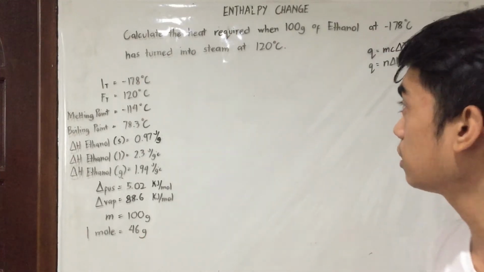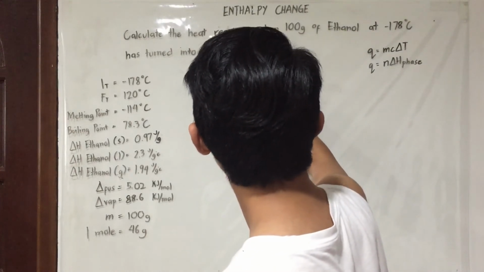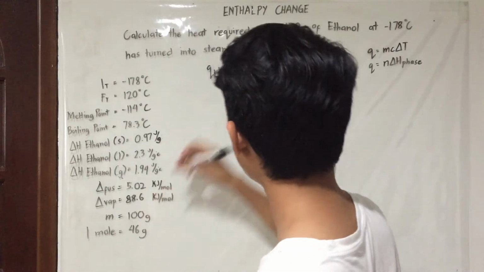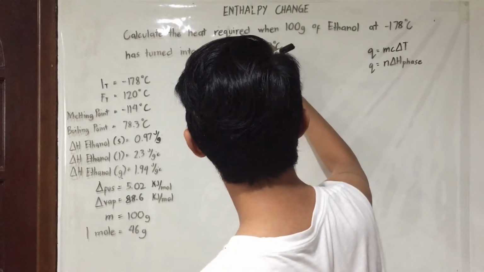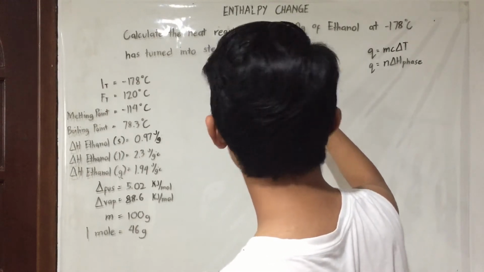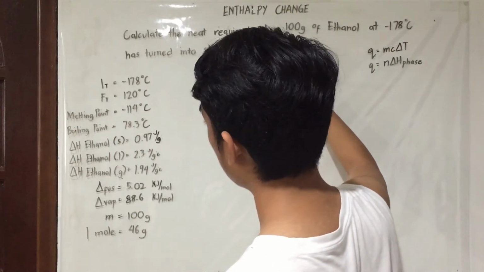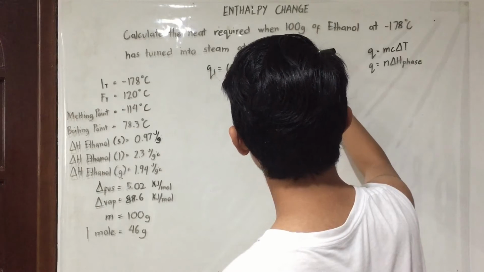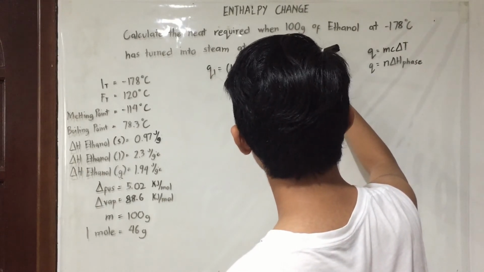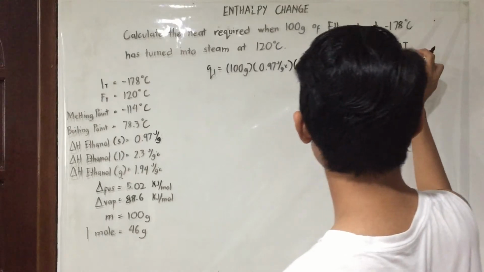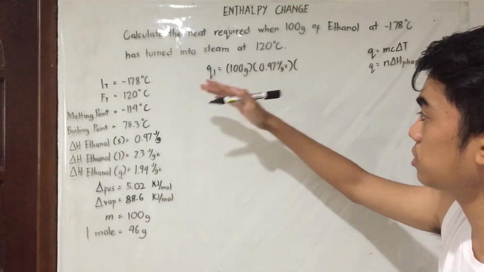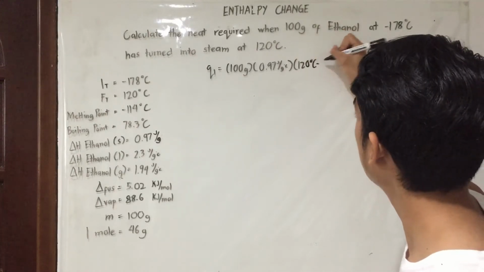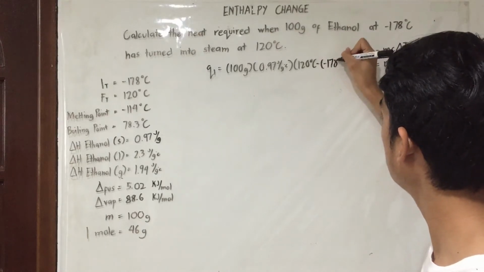Now for our first solving, Q1, we're going to use this formula. So mass, 100 grams, multiplied by specific heat, which is in solid form first, 0.97 joules per gram Celsius, times change in temperature, which is final temperature minus initial temperature, 120 degrees Celsius minus negative 178 degrees Celsius.